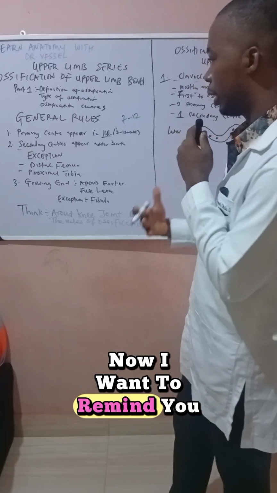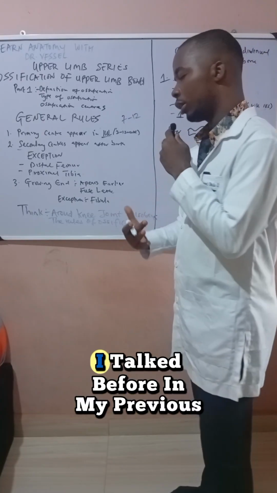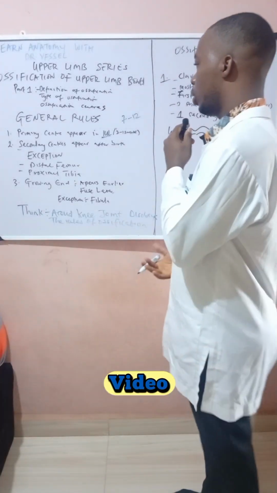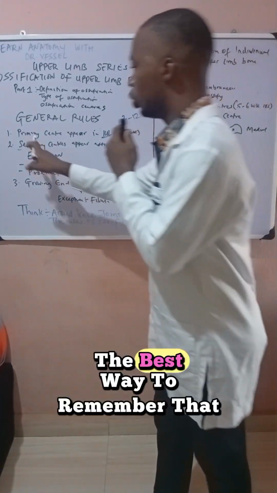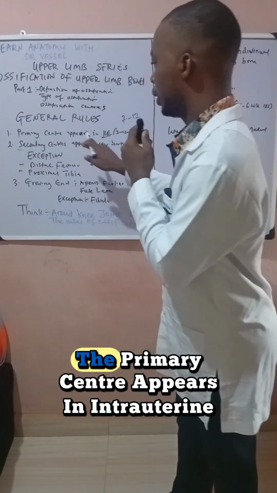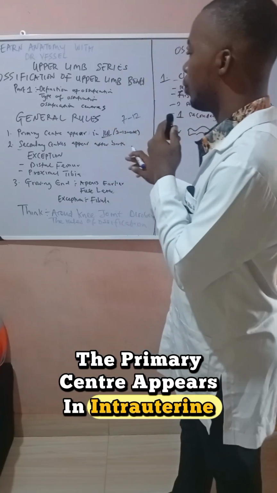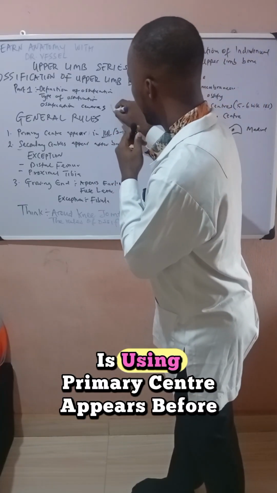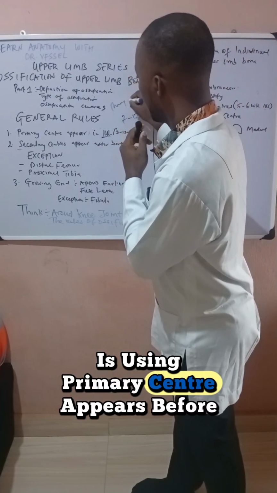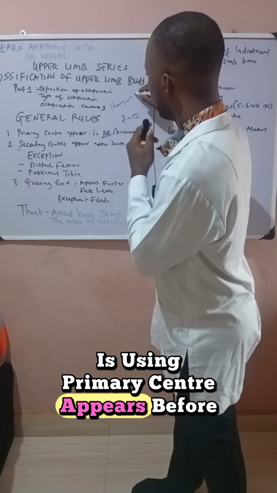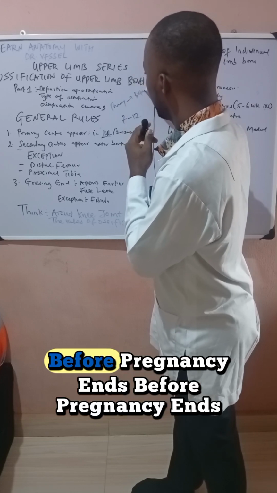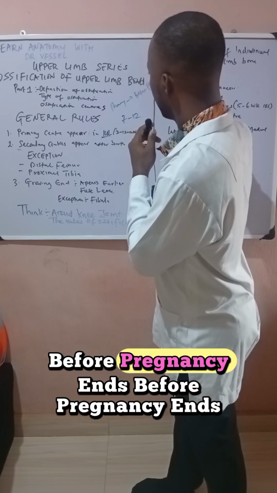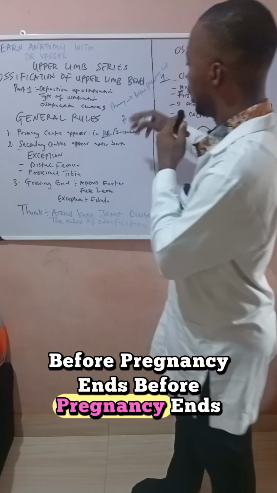Now, I want to remind you of the mnemonic I talked about in my previous video, where I said the best way to remember that the primary center appears in intrauterine life is: primary center appears before pregnancy ends.